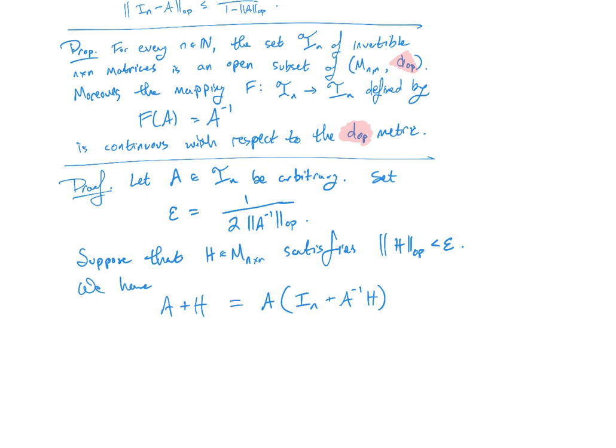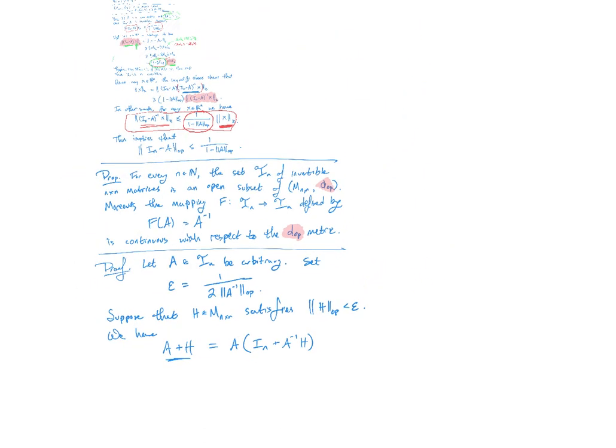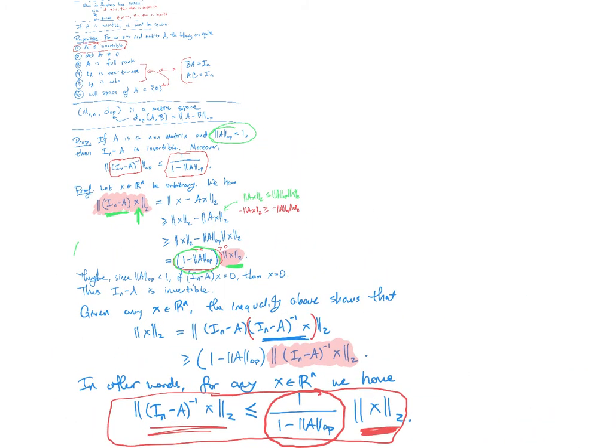Now, we want to show that A plus H is invertible. Why is that true? Well, if it were invertible, then it'd be in our set, right? So here's what we wanted.